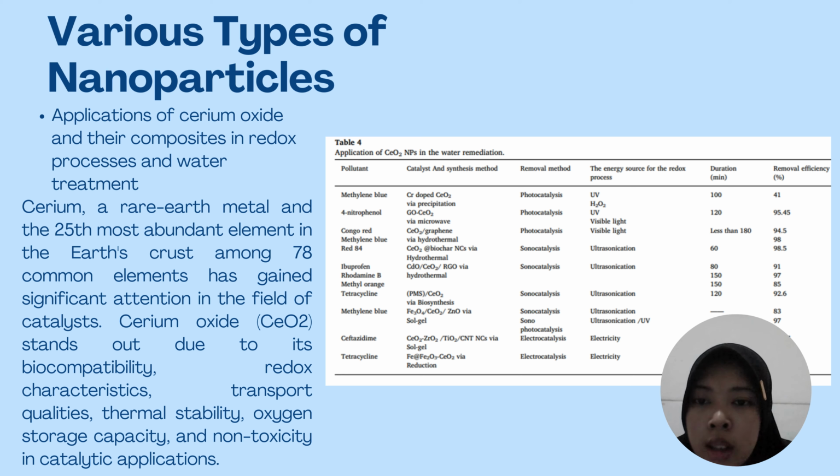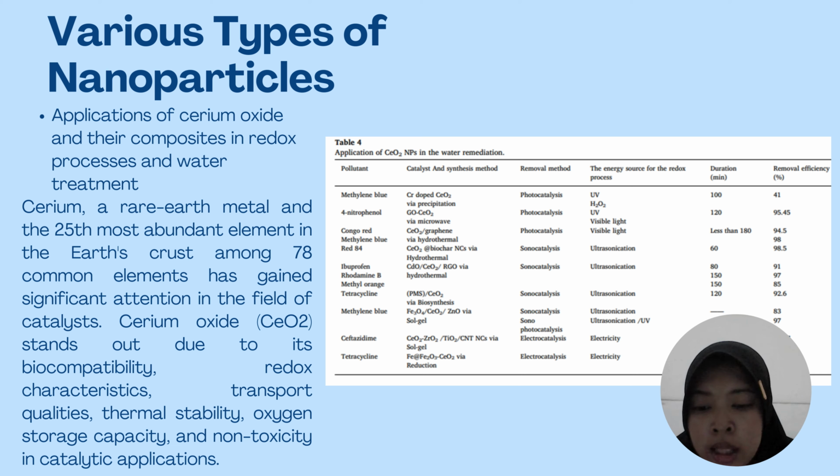And then is application of cerium oxide and their composite in redox process and water treatment. Cerium, a rare earth metal and the 25th most abundant element in the Earth's crust among 78 common elements, has gained significant attention in the field of catalysis.